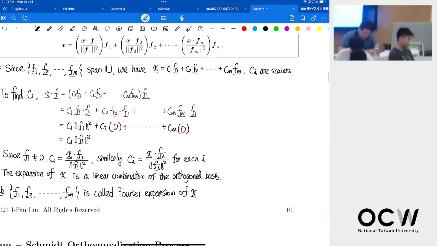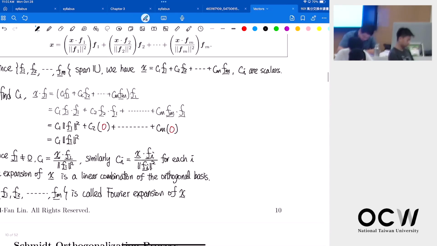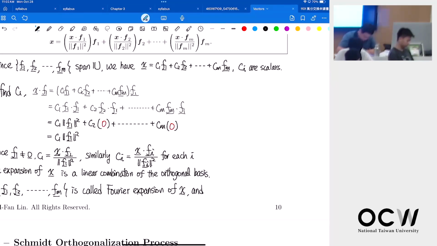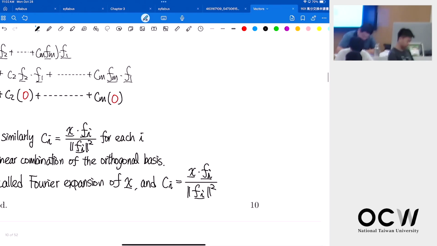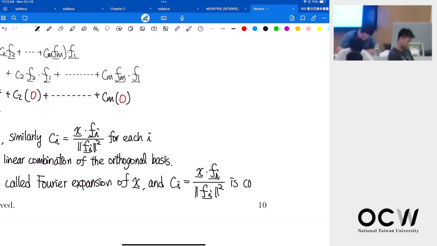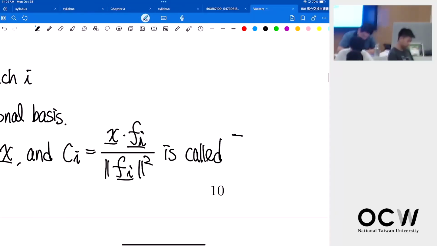And the coefficient Ci is called the Fourier coefficient: x dot product your corresponding basis, divided by the norm of that basis squared. This is called the Fourier coefficient.